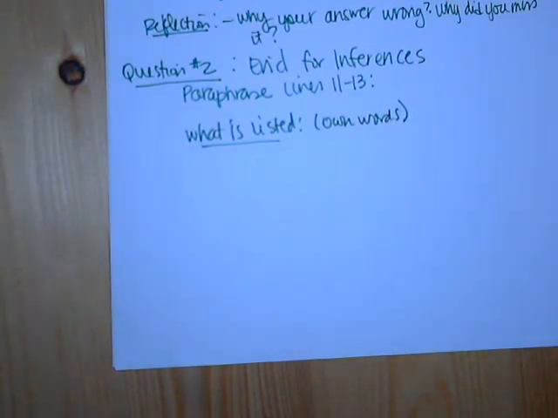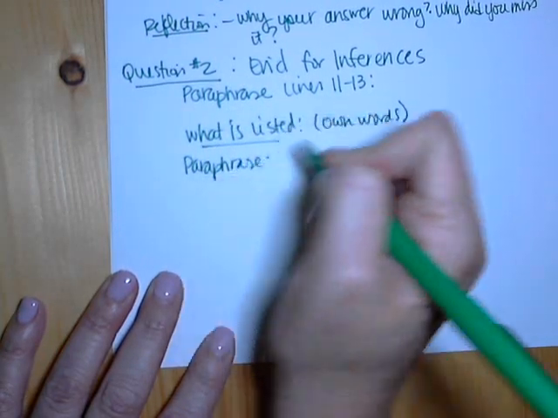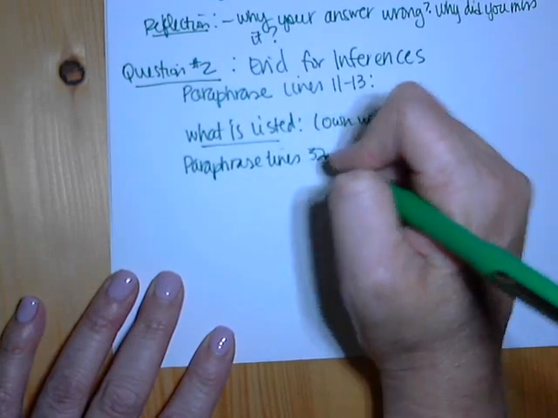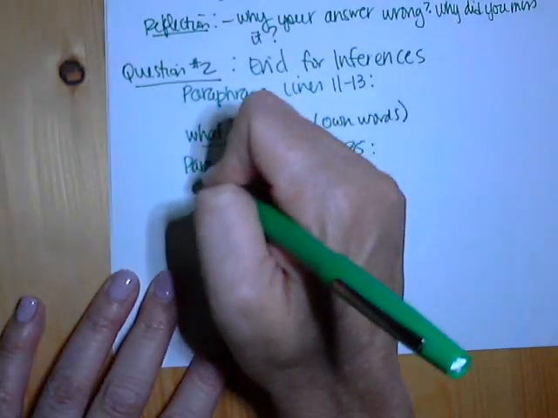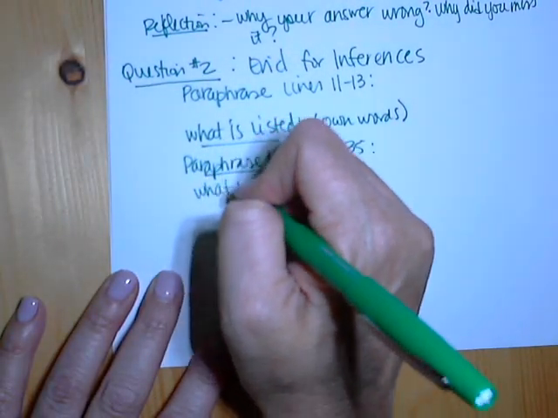Right? So you're going to look at what's listed and you're going to say, okay, paraphrase that really, right? Then you're going to do paraphrase lines 32 through 35. And then again, you're going to say what is listed.